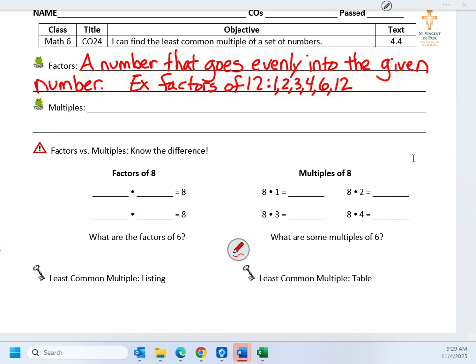We're doing big numbers. So multiples are numbers a given number can go into.